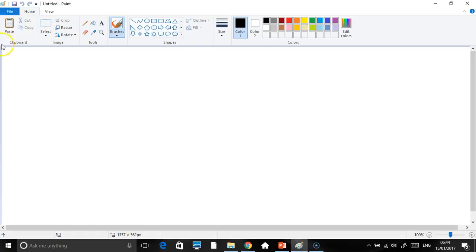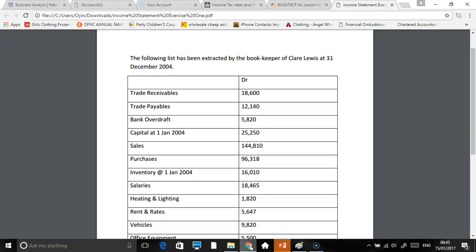So over here, I have revenue 144,810. The next thing I need to work out, in order to calculate gross profit, is my cost of sales. So I need opening inventory plus purchases minus closing inventory. So I'll go back to my slide and pick those figures out.